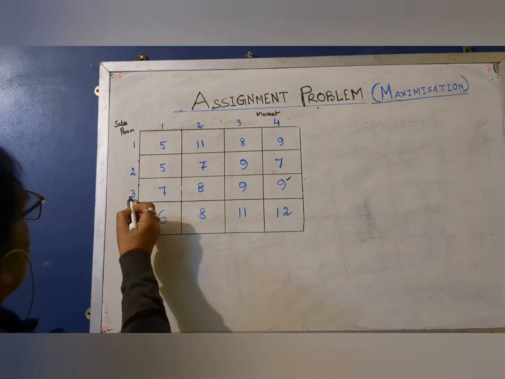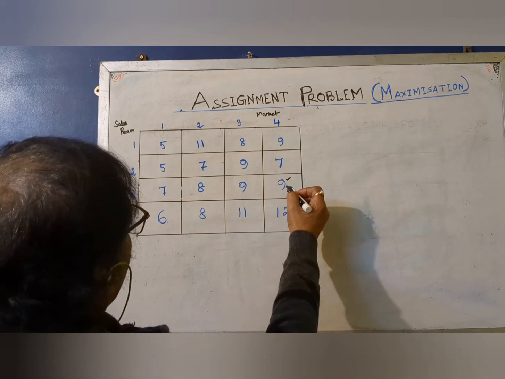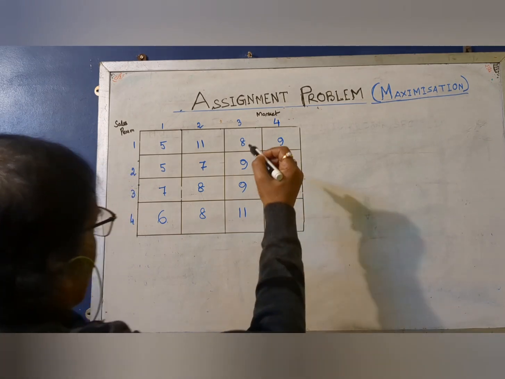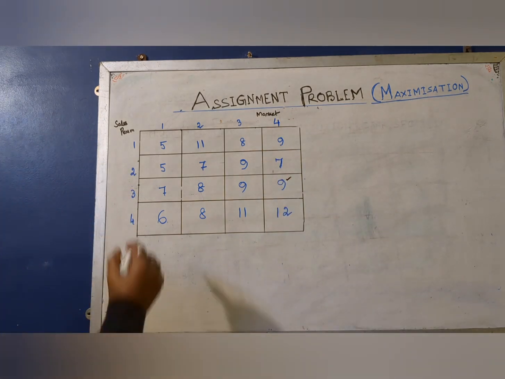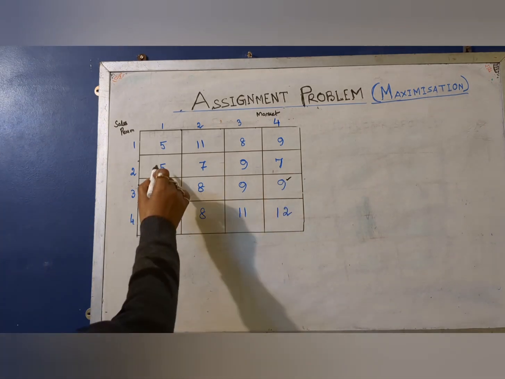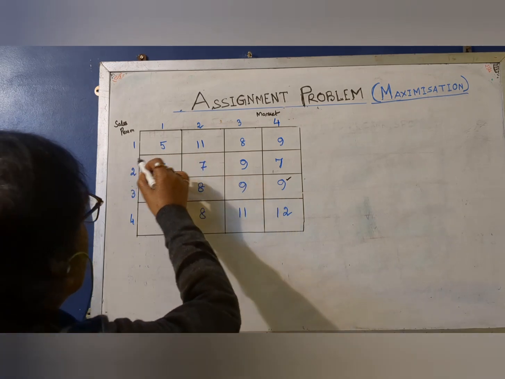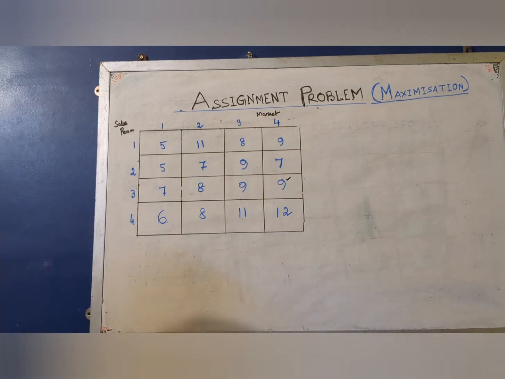If the 3rd salesperson is attached with this market, then the profit earned will be 9 lakhs. In this way, the matrix reflects the profit earned by connecting different salespersons to different markets.